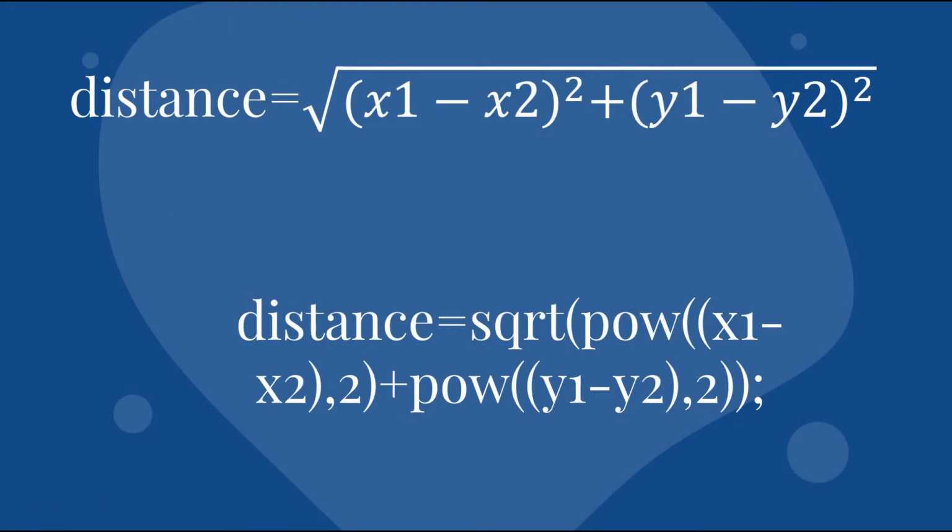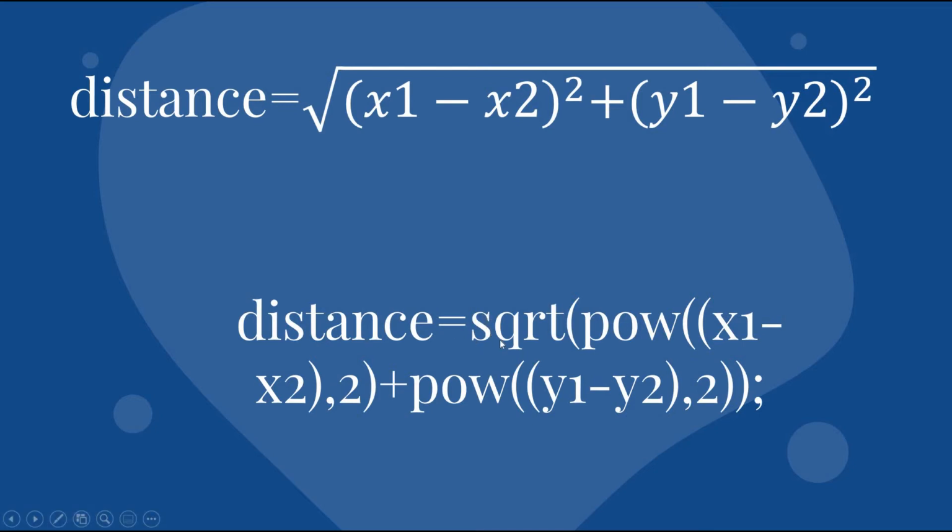So, I have here an example, which is the distance is equal to square root of x sub 1 minus x sub 2 to the second power plus y sub 1 minus y sub 2 to the second power. So, ang formula po nito kapag sa mismong program is ganito po.